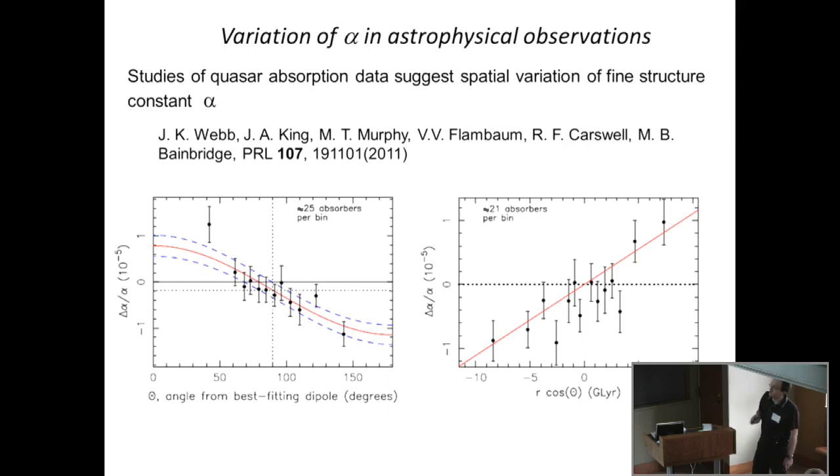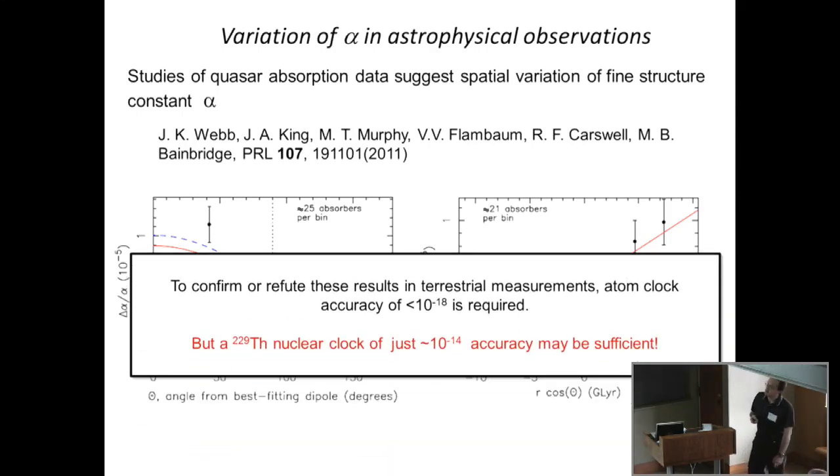What it means for a laboratory setting, even though they interpret their data as a purely spatial variation, is that there would also effectively be a temporal variation for laboratory observations if one takes into account that the solar system is moving through space relative to the cosmic microwave background.